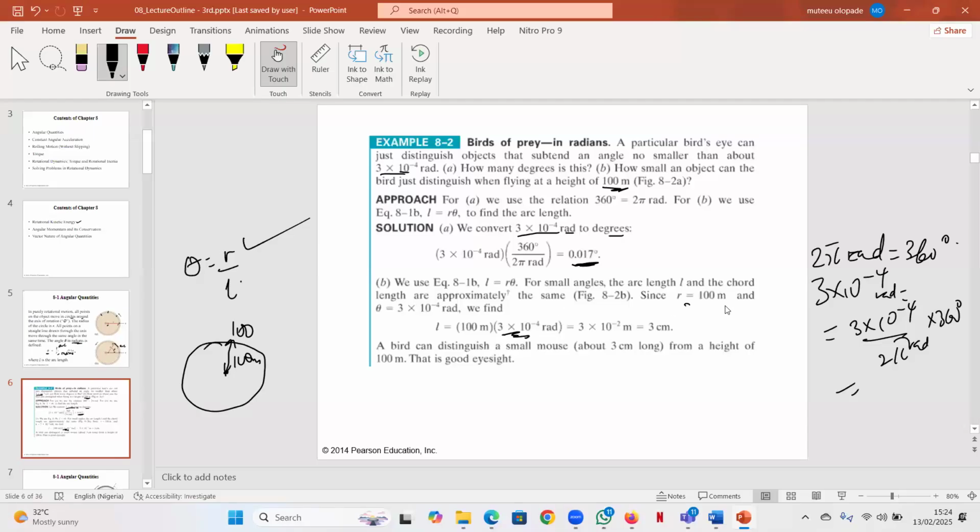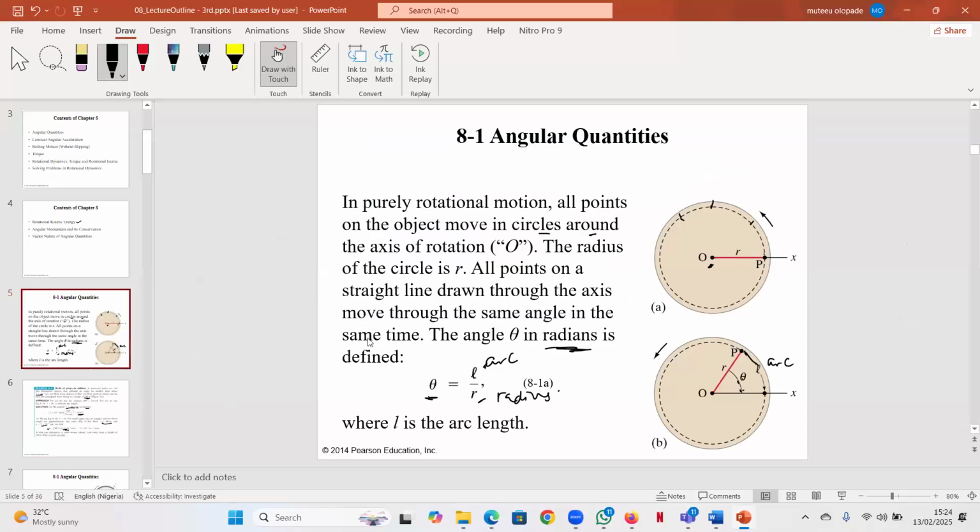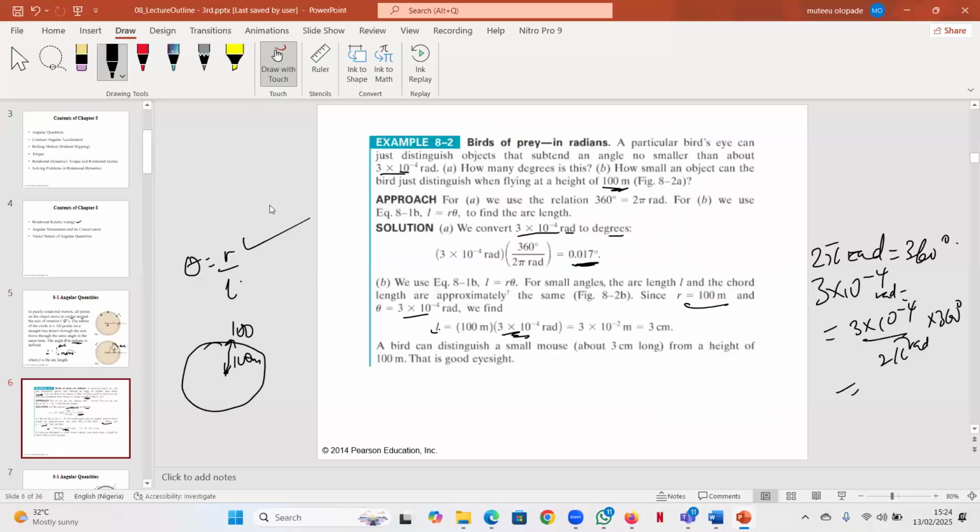Since R is this and our theta is this, we can find L from what we did here. Theta is equal to what? L divided by R. Theta is L divided by R. So in order for us to get our L, it will be equal to R multiplied by theta.